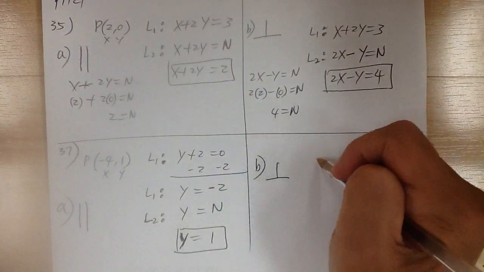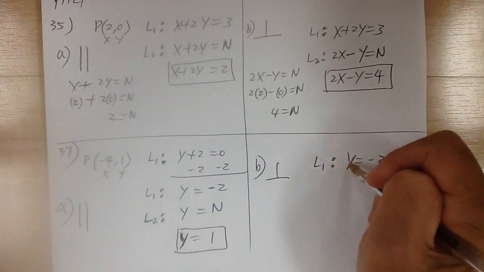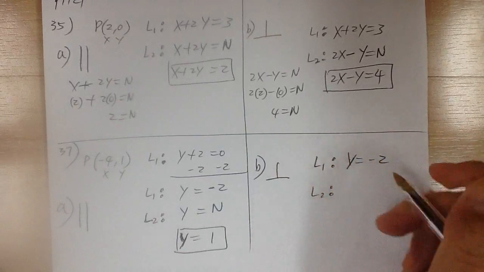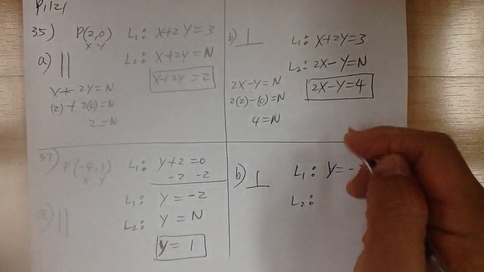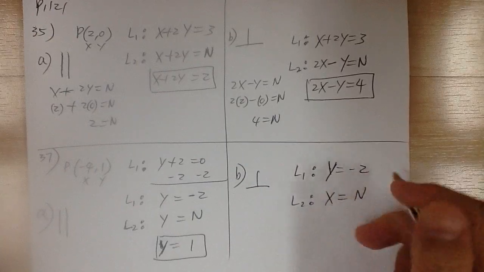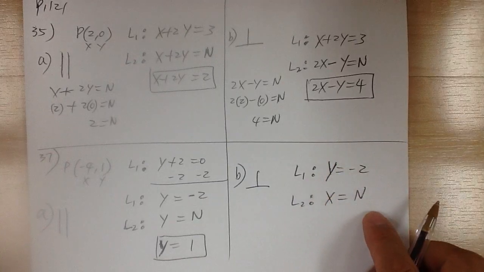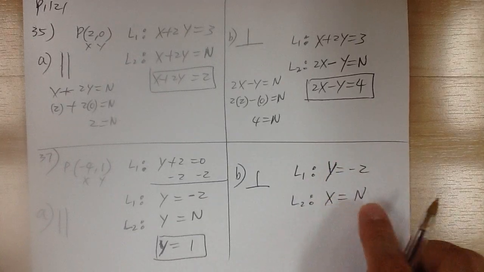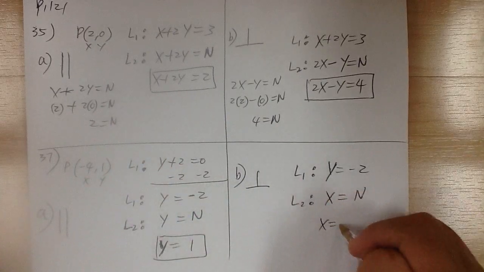L1 is y equal to negative 2. Remember this is a horizontal line, so perpendicular would be a vertical line. A vertical line becomes x equal to a number. So now to find what x equals, you come over here, and it's negative 4. So x equal to negative 4.